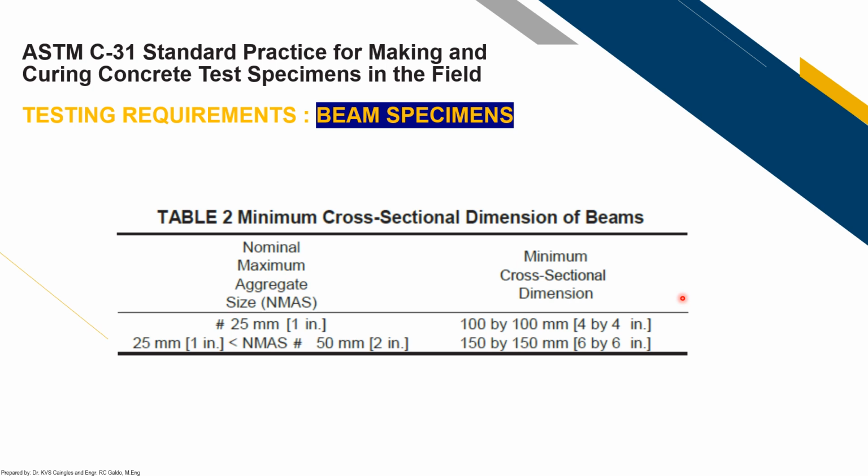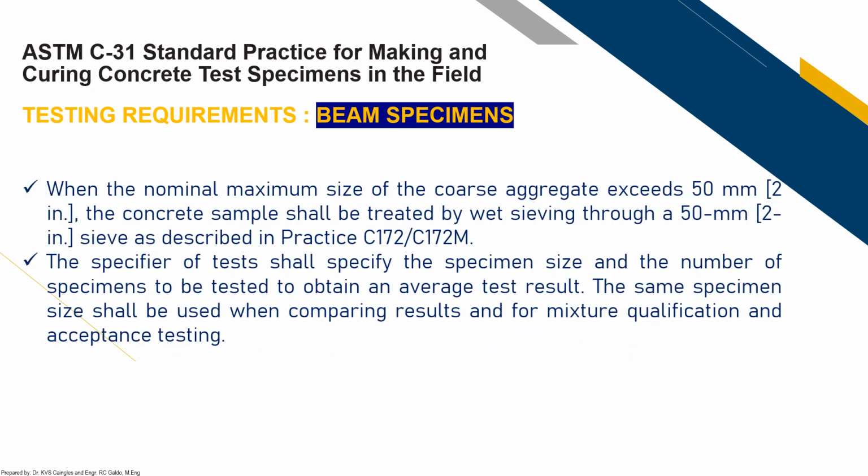For 1 inch or 25 mm NMAS, you are going to need 100 by 100 cross-sectional area for your beam mold, and if it is greater than 25, then 150 by 150.